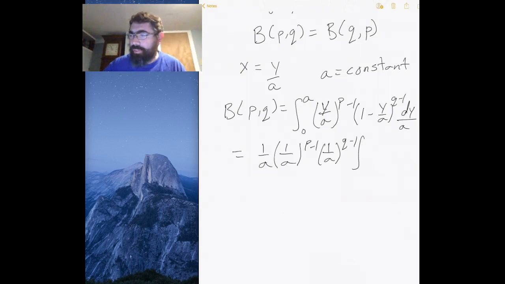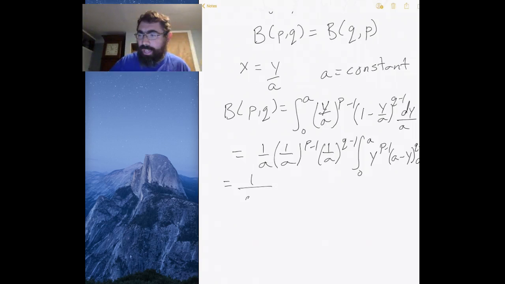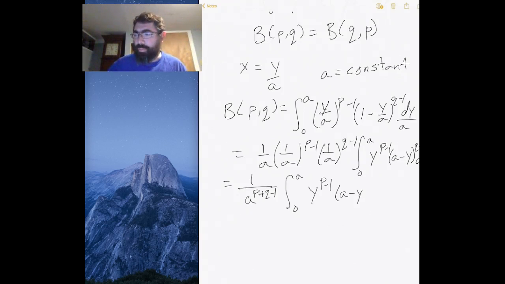What I'm left with now is the integral from 0 to a of y to the p minus 1, (a minus y) to the q minus 1, dy. If I rearrange this a little bit, I would get 1 over a to the p plus q minus 1, times the integral from 0 to a of y to the p minus 1, (a minus y) to the q minus 1, dy.